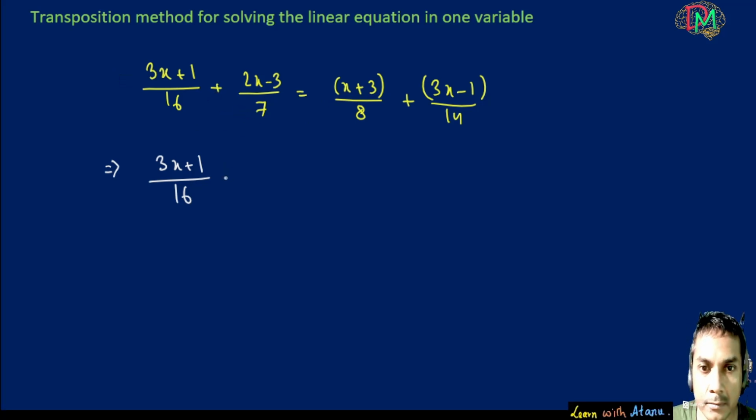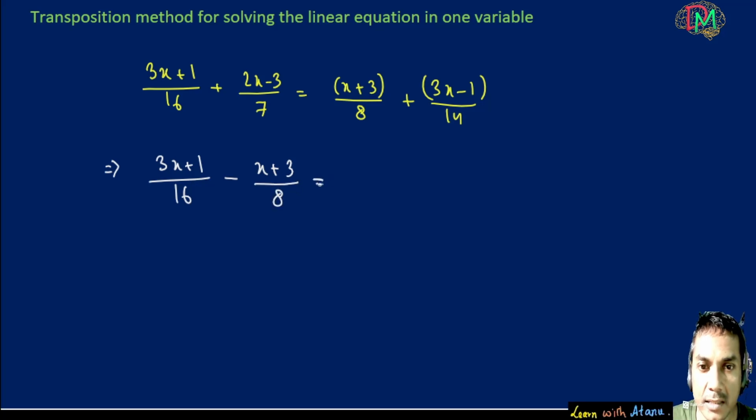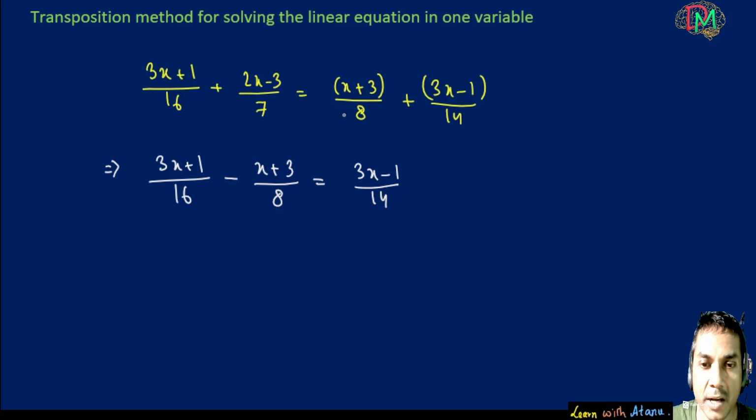Here x plus 3 by 8. And similarly, when we shift this 2x minus 3 by 7 from LHS to RHS, it becomes minus 2x minus 3 by 7. Clear? The sign of the entire term changes for both. Clear?